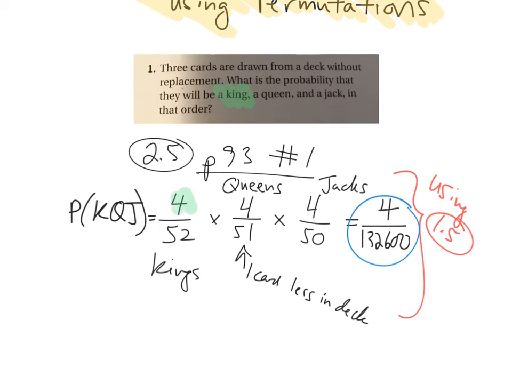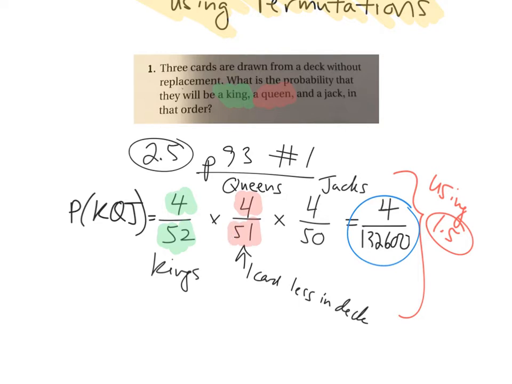And there's 4 kings in the deck, and at the time of your first card drawn, there's 52 cards in the deck. Then the second simple event involves drawing a queen, and there's 4 queens in the deck, and after the first card is drawn, there remains 51 cards in the deck.